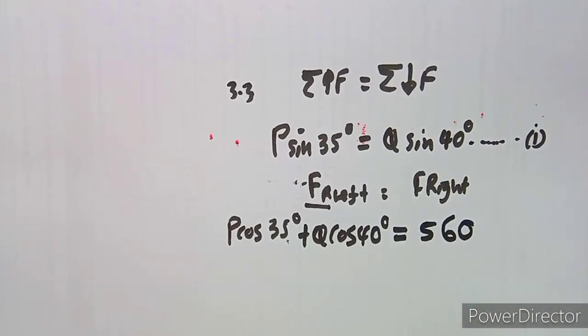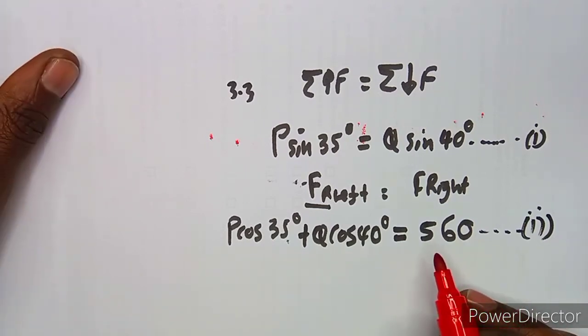So we now have two equations that need to be worked on so that we can solve for P and Q. So how are we going to do this, guys, from these two equations? All right. Let's start with equation 1. From equation 1, I can make P the subject or Q the subject.